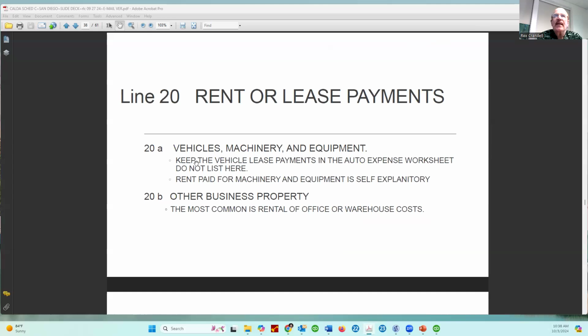So line 20A is vehicles, machinery, and equipment rental. Keep the lease payments in the auto expense worksheet rather than here. And the rent paid for machinery is self-explanatory, it's rental equipment. Rent on other business property, we keep it separate from machines. This is most often just a rental of office or warehouse costs.